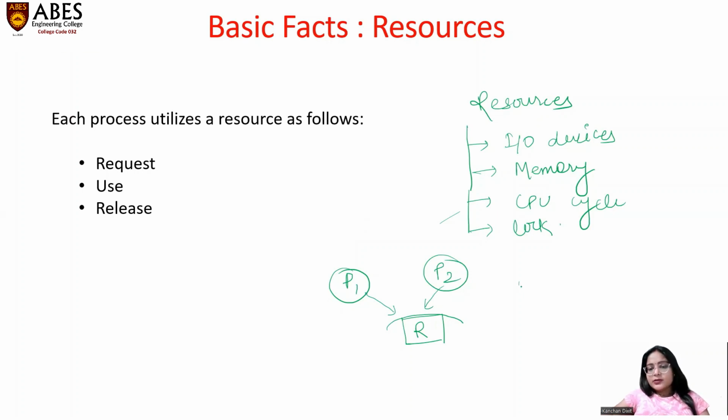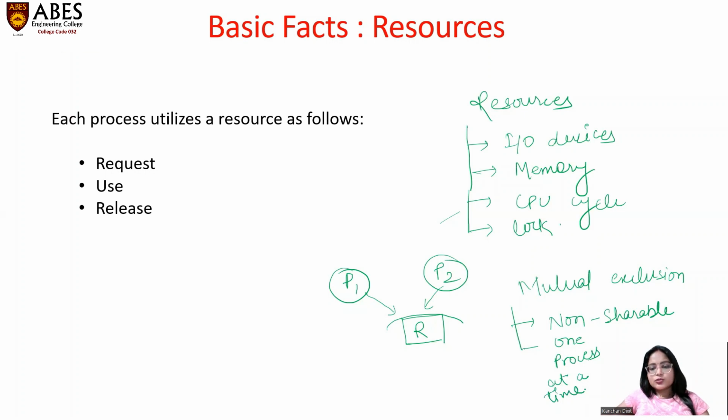This is the mutual exclusion problem, where the resources are non-shareable and one process at a time can access the resource. So this is all about mutual exclusion and resources.